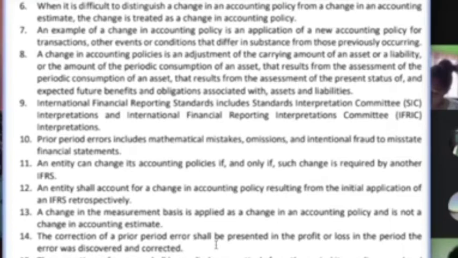You change everything to the point that the financial statements would reflect as if the error never occurred at all. Change all the traces, all the effects and impact of the error, to the point that the financial statements would show that as if the error never happened at all.